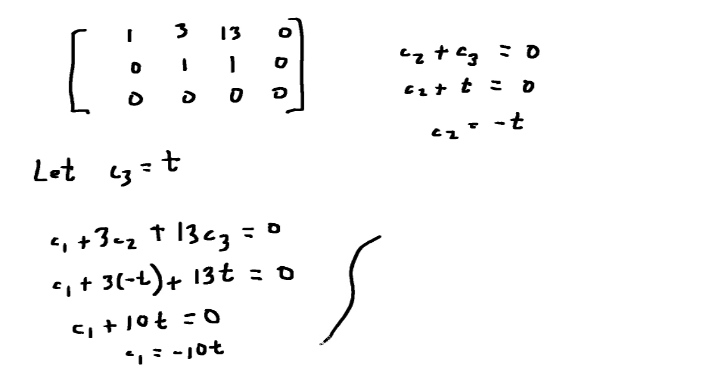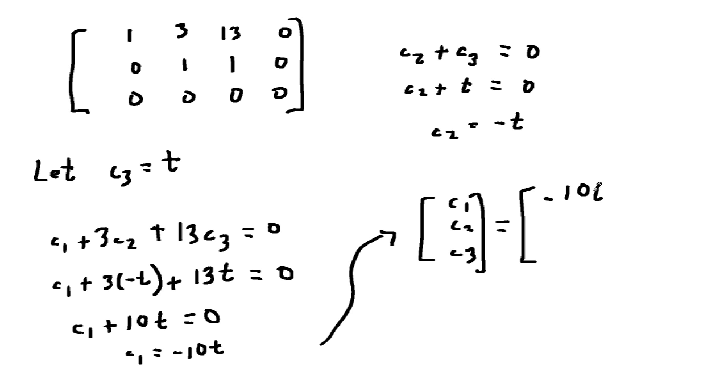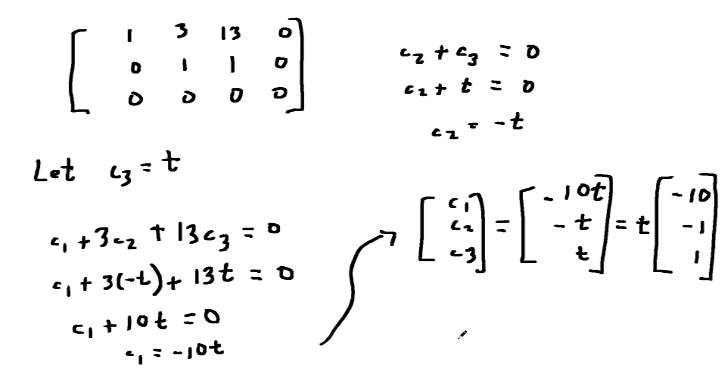Okay, so now we have C1, C2, and C3. Let's plug the values in for each of those C values. We get minus 10T, minus T, and T. Let's factor out a T. Okay, so our set of solutions looks like this.